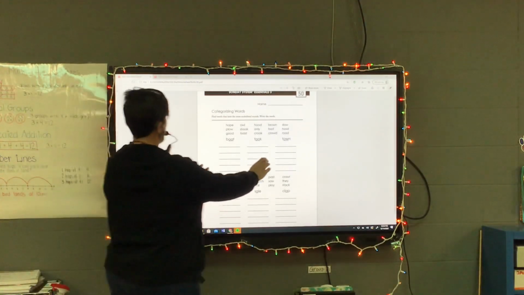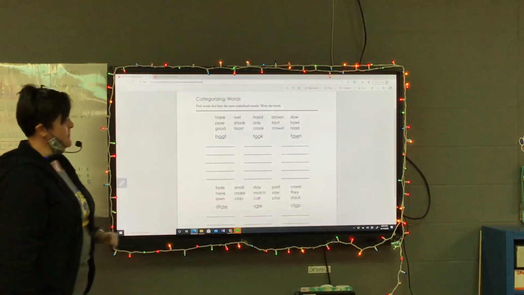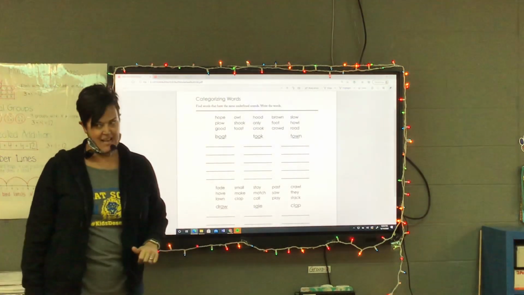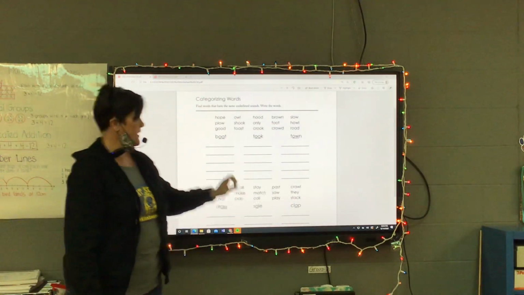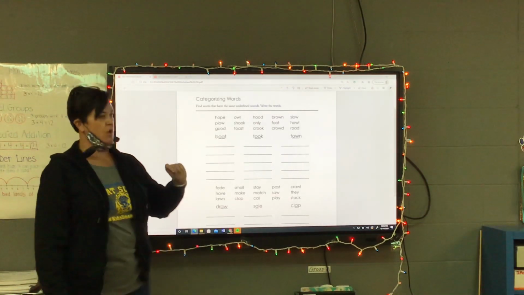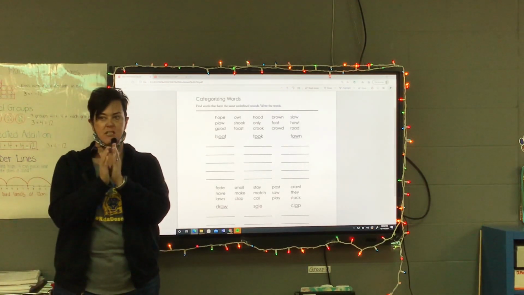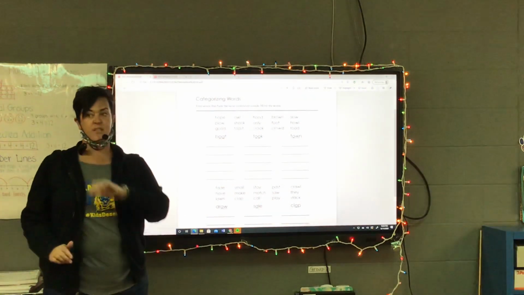So for lesson 50, it says find words that have the same underlined sounds, and then you're going to write those words down. So in this word, what does the OA say together? What's the word, first of all? Boat. What's OA saying?